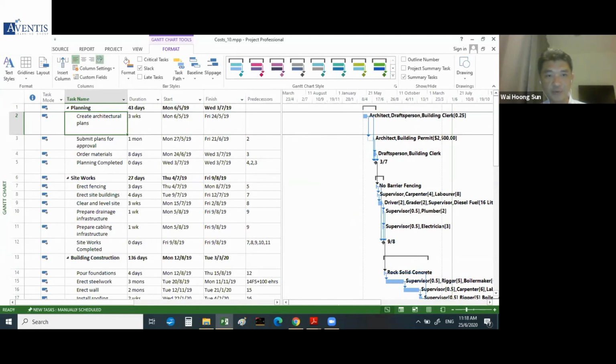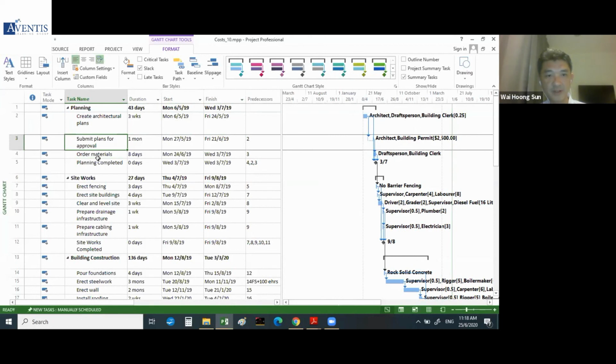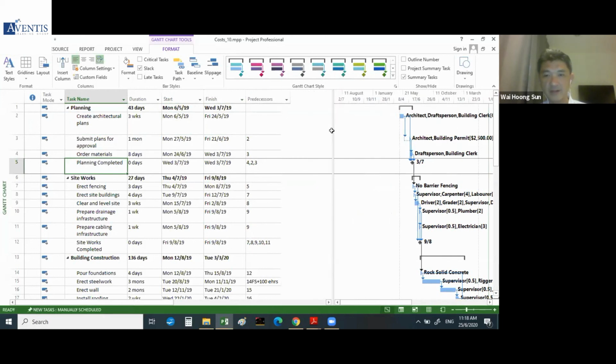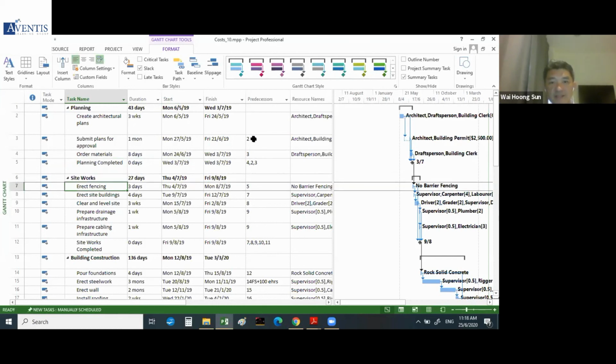And then this would follow with submit plans for approval, order materials, and finally we have the planning completed phase. So the important thing here is this.